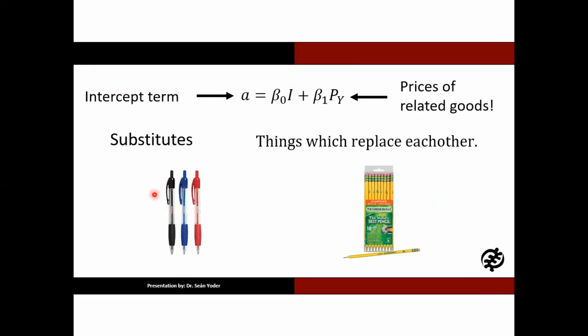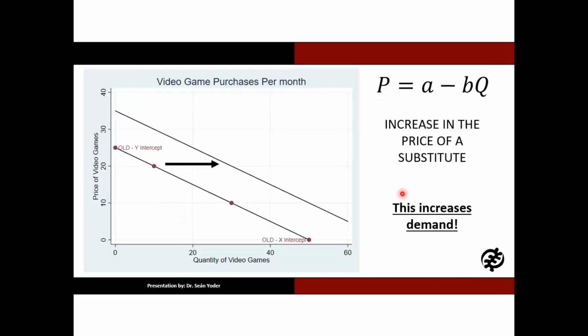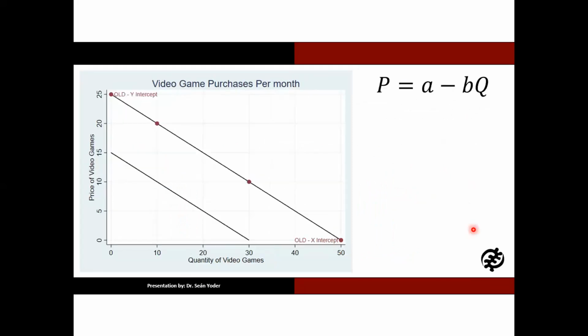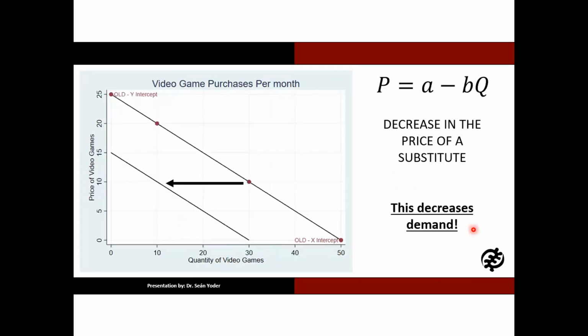If the price of pens goes down, I demand fewer pencils. Increase the price of the substitute, increases demand. Decrease the price of the substitute, decreases demand. All kinds of examples of this. Driving versus flying for vacations, right? Video game consoles, potentially.